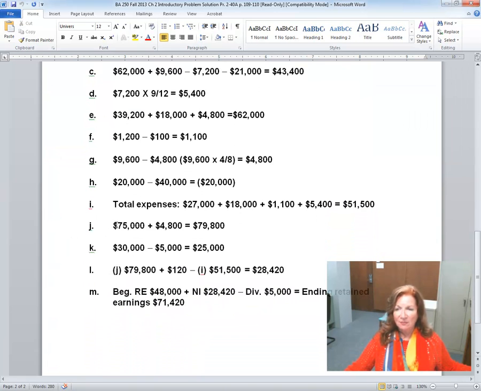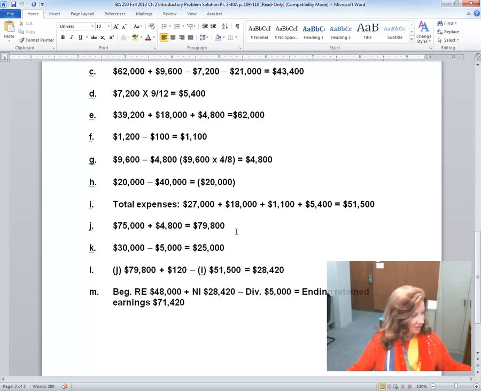Revenues. Yes, the 75,000 and the 4,800 were service revenues, while the 120 was interest income that we had. So we served our customers to the total of $79,800 in total revenue.